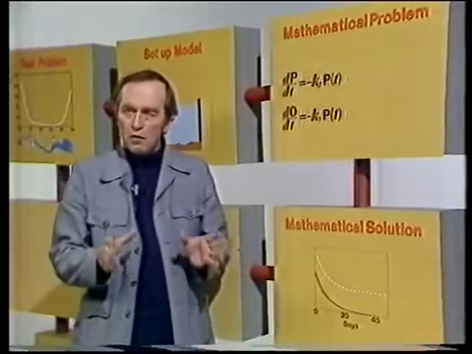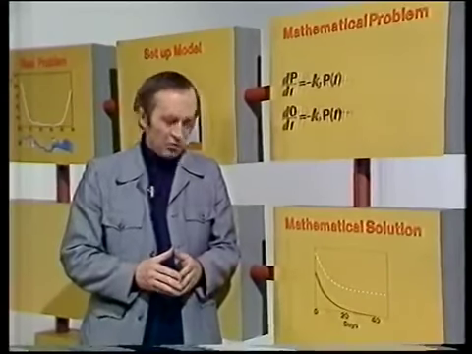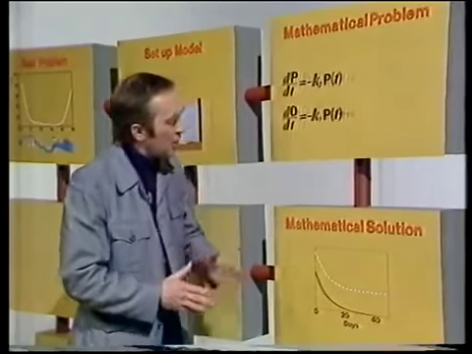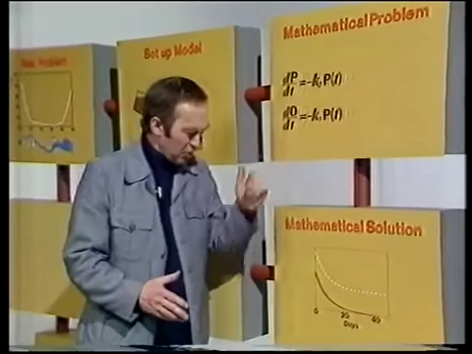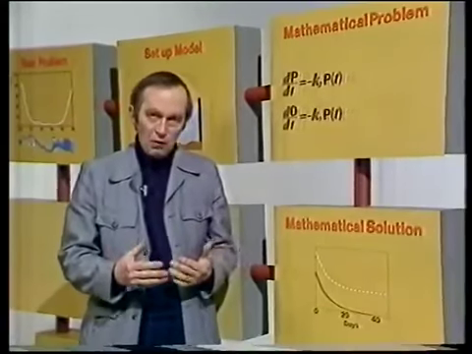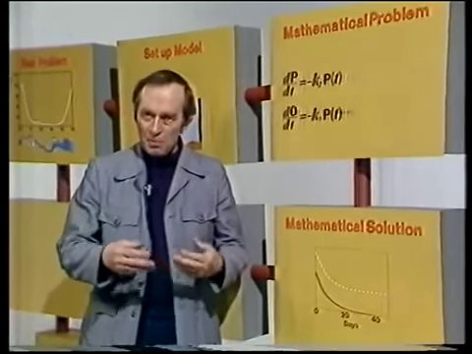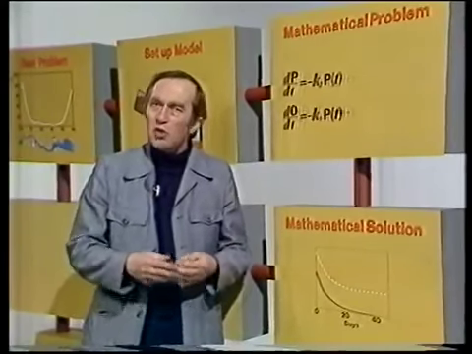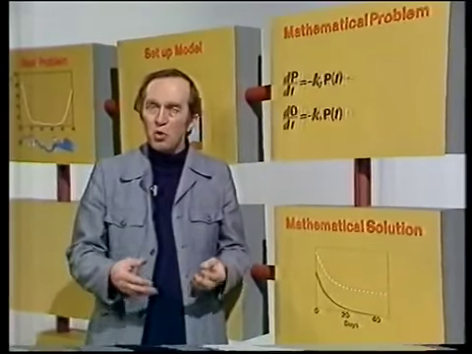So, with a fixed initial amount of pollutant, which uses up oxygen in order to get rid of it, this is our mathematical solution. It's a solution, if you like, for a pond with a certain amount of pollutant dumped into it. But it's not, of course, a solution which could apply to the whole river.